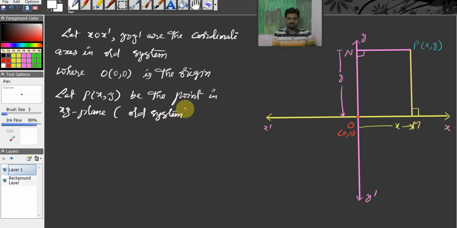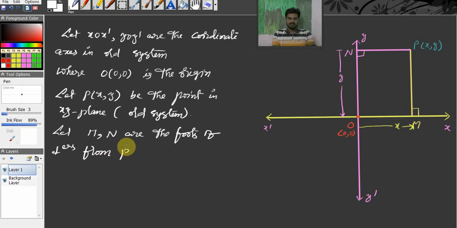World system. So after taking the point P(x, y), we have taken the foot of the perpendicular from P to the x-axis and y-axis. Let M comma N be the feet of the perpendiculars from P to both coordinate axes, the small x and y axes respectively.